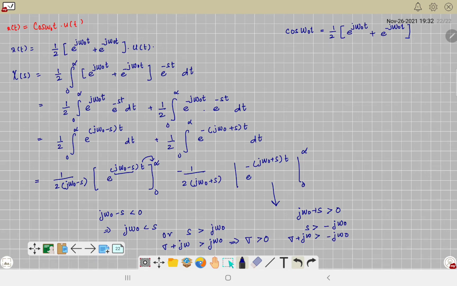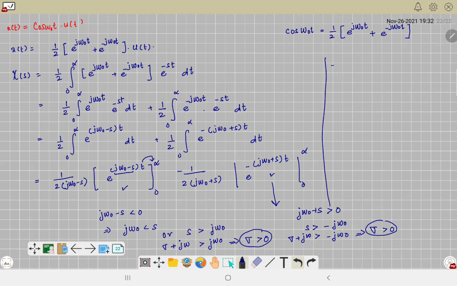So sigma, there is no real part on the right side, so we can say sigma is greater than 0, because on both sides, both exponentials, the real part is missing. Okay? So we have to ensure this sigma greater than 0, and when we ensure this, we are basically ensuring that this also converges, this also converges.